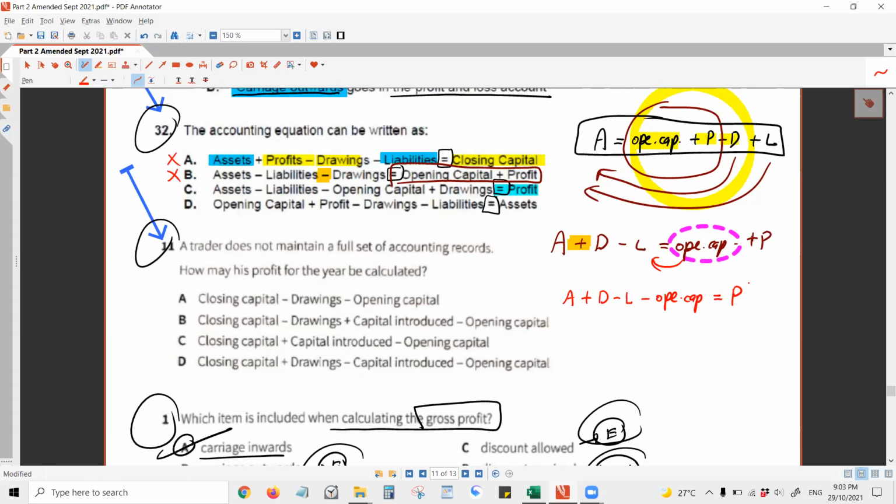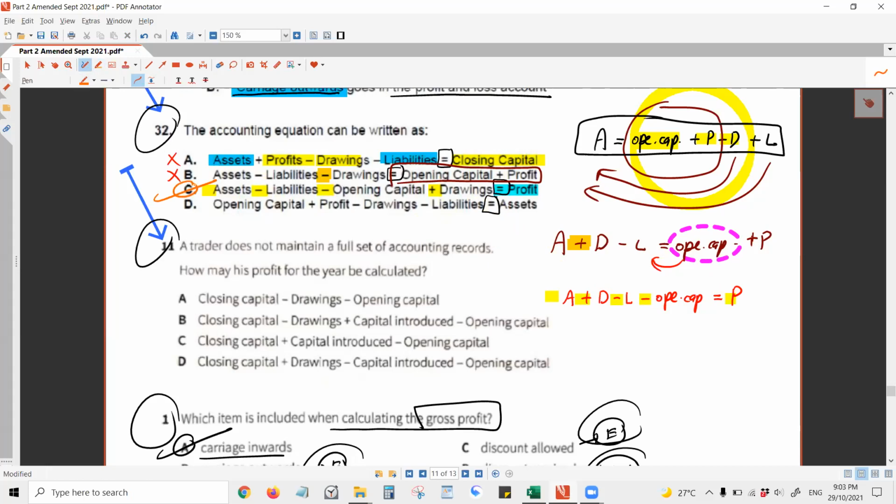So check the sign one by one. Positive assets, positive drawing, minus liability, minus opening capital, equal to positive profit. No problem. Answer is C. That's how you choose the C as the answer.